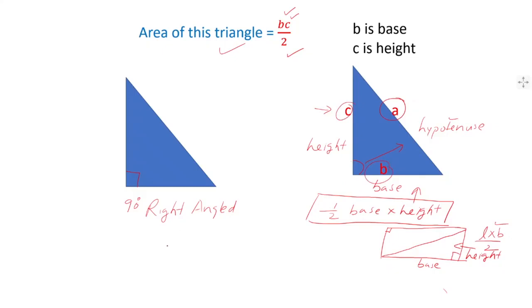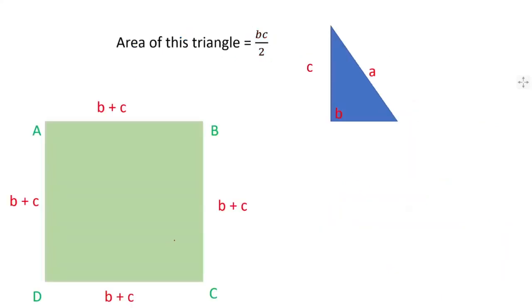Now, what do we have to understand? The same triangle I have drawn here, with base, height, and hypotenuse. Here is a square having its side equal to B plus C. A square has all four sides equal, and you know that the area of a square is calculated by side square.